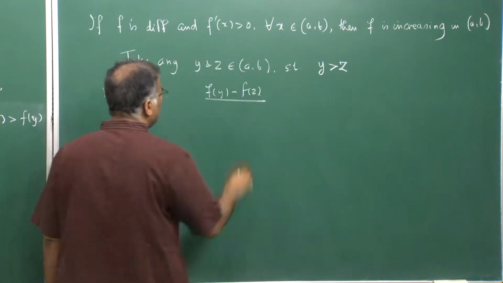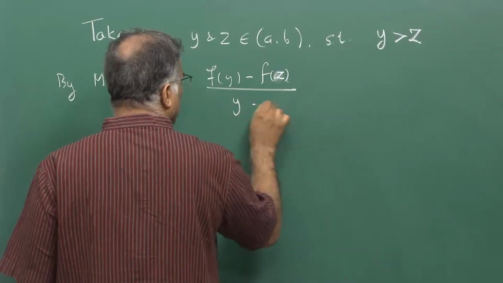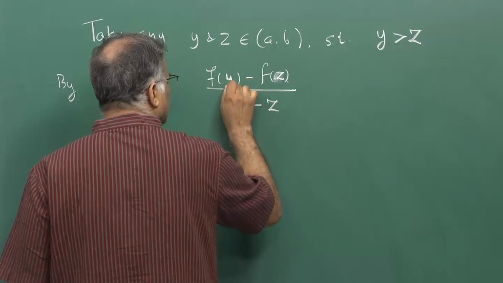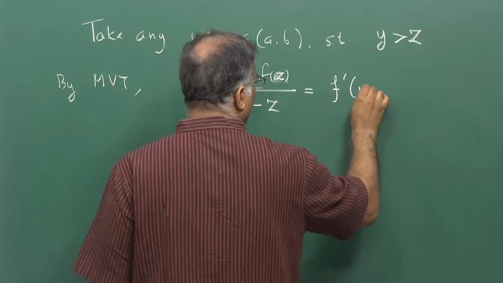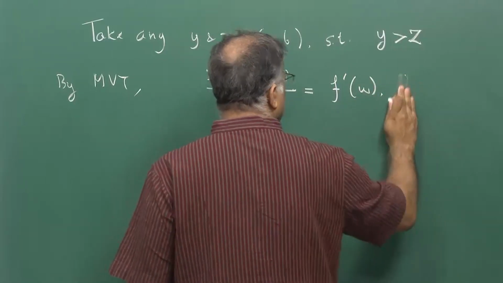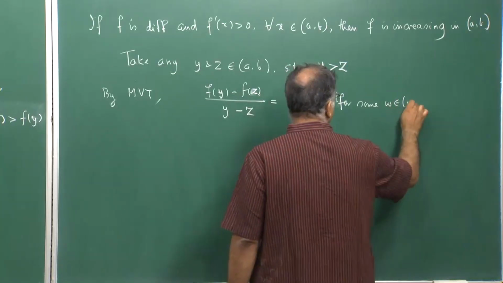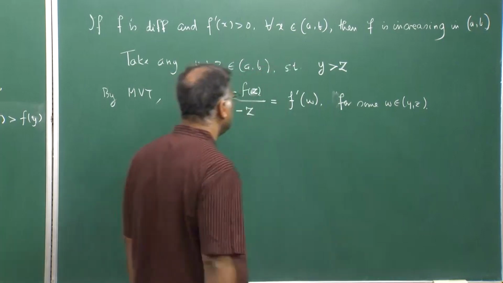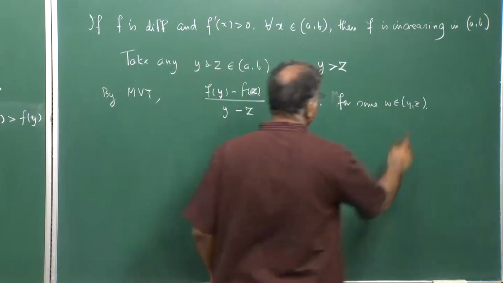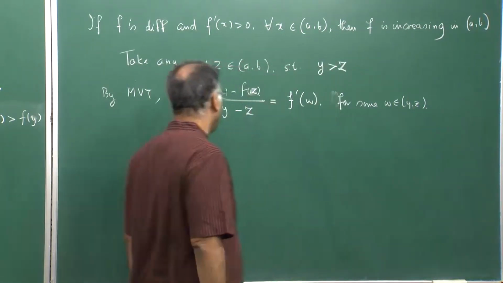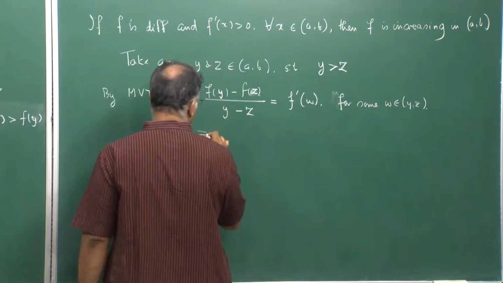Then Fy minus Fz by y minus z must be equal to f dash w for some w in the open interval yz, that is the MVT. But this open interval yz is a subset of the open interval a b, as a result of which f dash w is strictly bigger than 0.